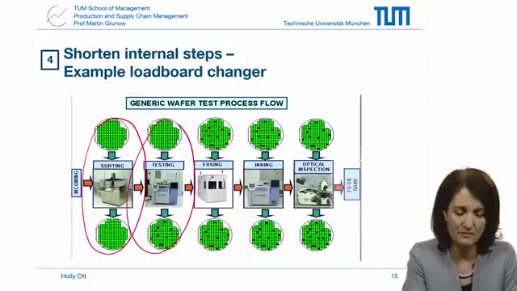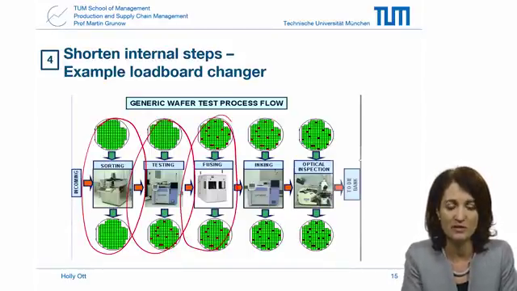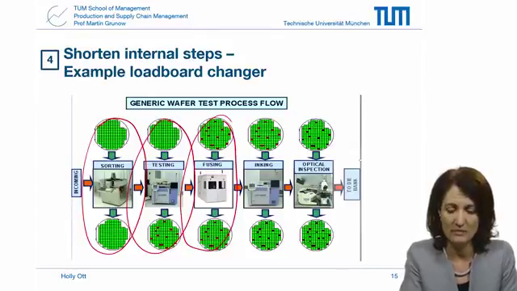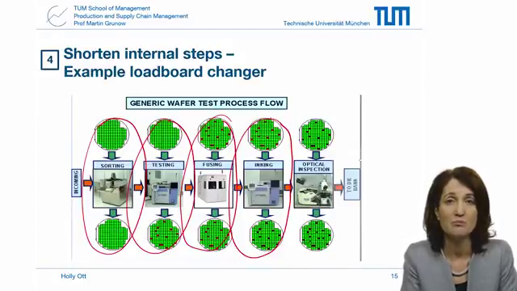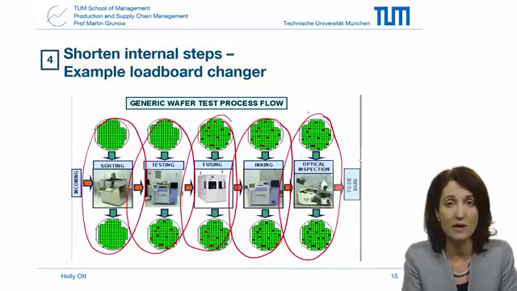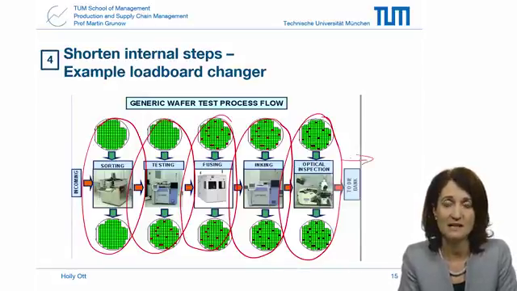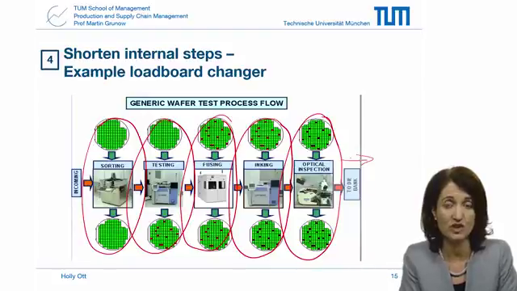Then you test them, and in the case of memories, you can sometimes repair some of the faulty memories with a fusing process. Then any chips that didn't perform correctly, you want to mark them. You can either physically ink them or mark them with electronic test maps if they failed. That means they won't get packaged later. Then there'll be some kind of optical inspection, just a last check, and those wafers will then be sent to be assembled into individual chips.